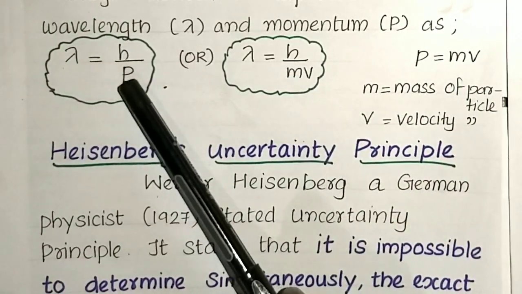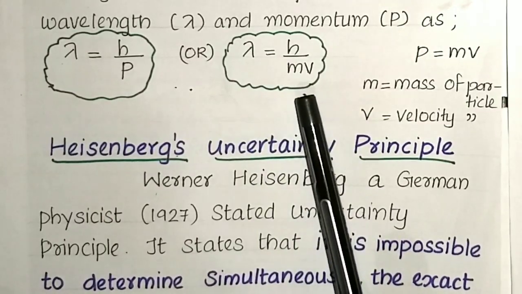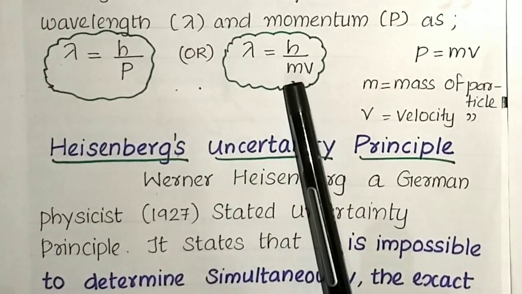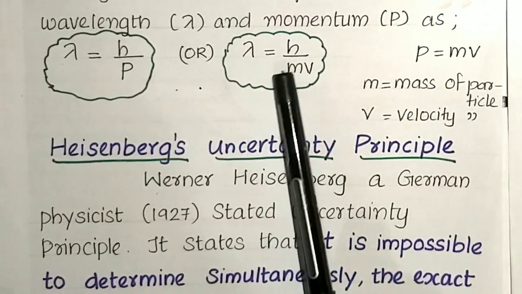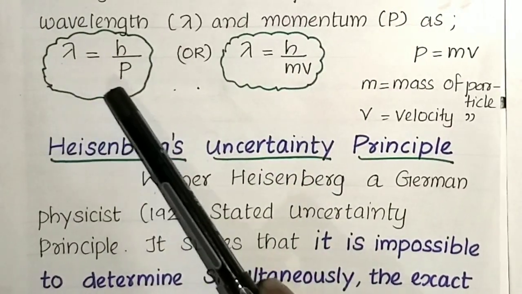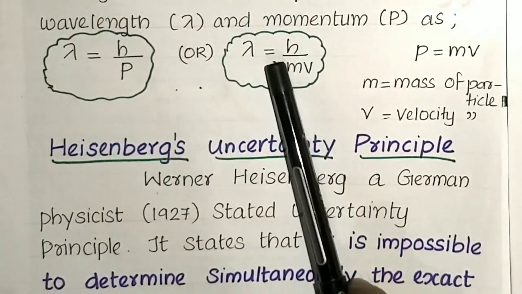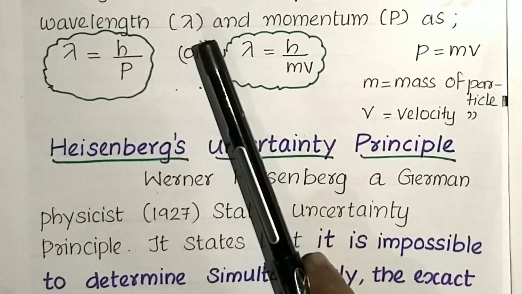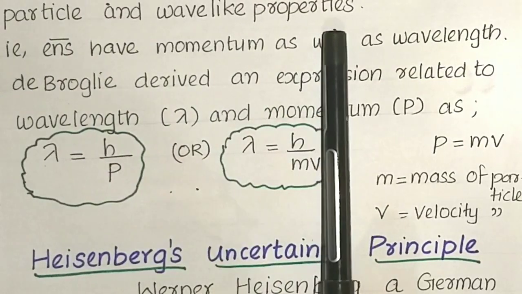This equation is known as de Broglie's equation. So according to de Broglie, matter-like particles show dual characters, wave nature and particle nature.